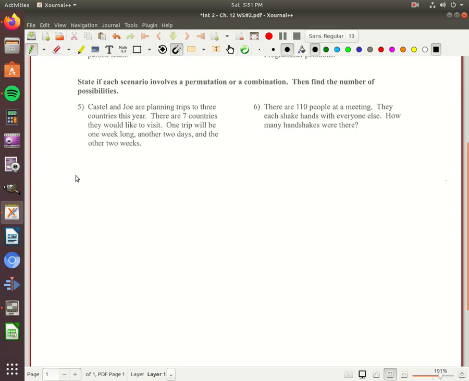So what do we need to do in order to solve permutations and combinations? We have these 2 problems. The math for a permutation, there's a formula. A permutation ends up being this equation: n factorial divided by n minus r factorial.